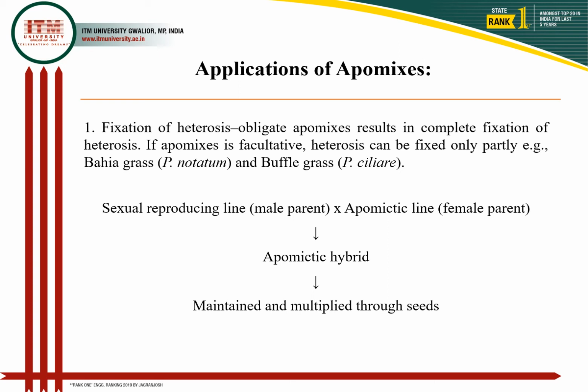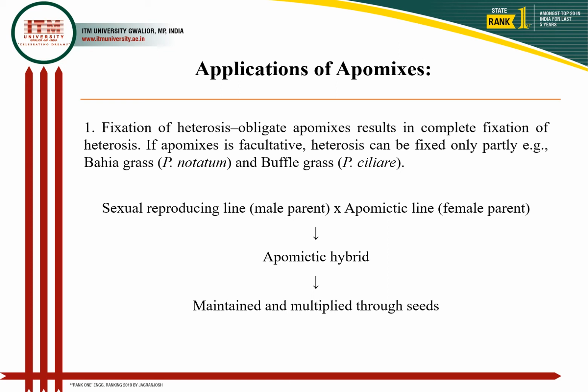If there is obligate apomixis, which means there is only one method of reproduction, that is apomixis, it results in complete fixation of heterosis, but if it is facultative, it causes partial fixation of heterosis, like in Bahia grass and buffalo grass. How is it done? You cross a male parent, which is a sexually reproducing line, with a female parent that is an apomictic line.